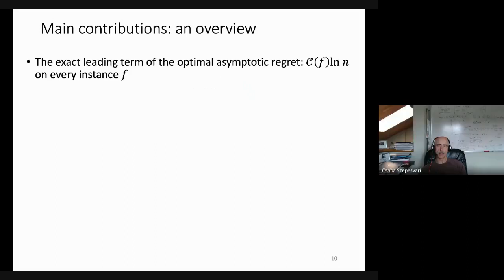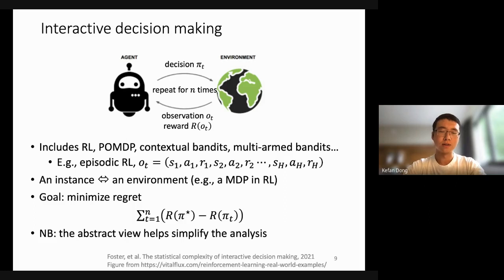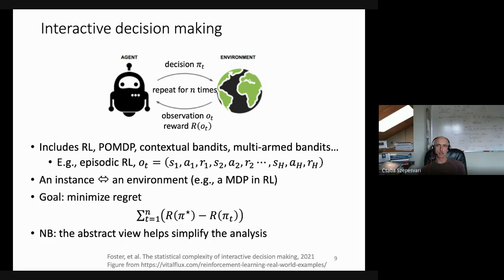Can I ask a clarification question? Sure. So you mentioned finite action earlier, but now you're talking about policies. What's the relationship between finite action and the policy space? Oh, so yeah, in this paper, we just assume that the decisions or the policies are finite. So a finite set of policies.